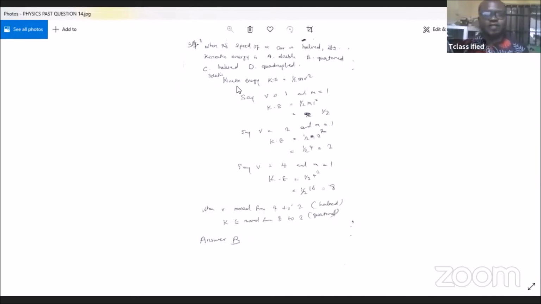Here, v is the speed. So we're going to assume values for v. We have KE equal to half mv squared. So let's say that v is equal to 1.